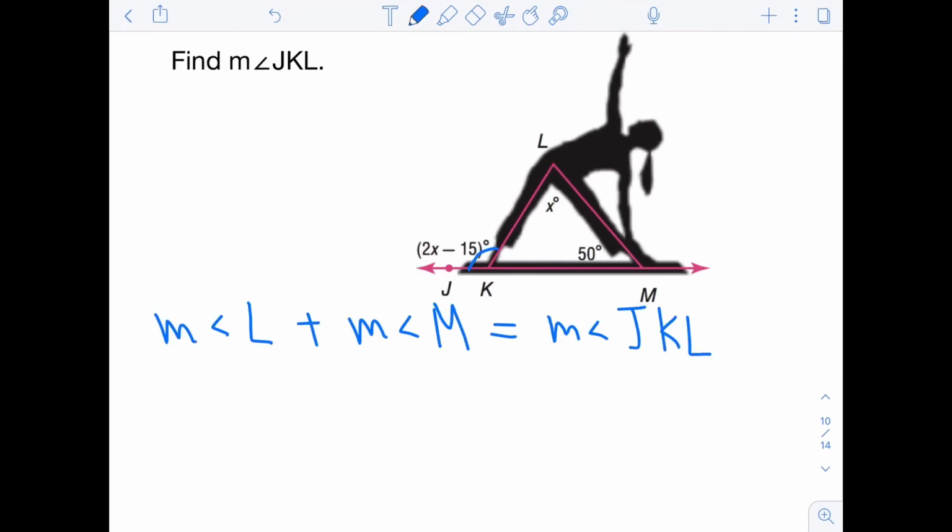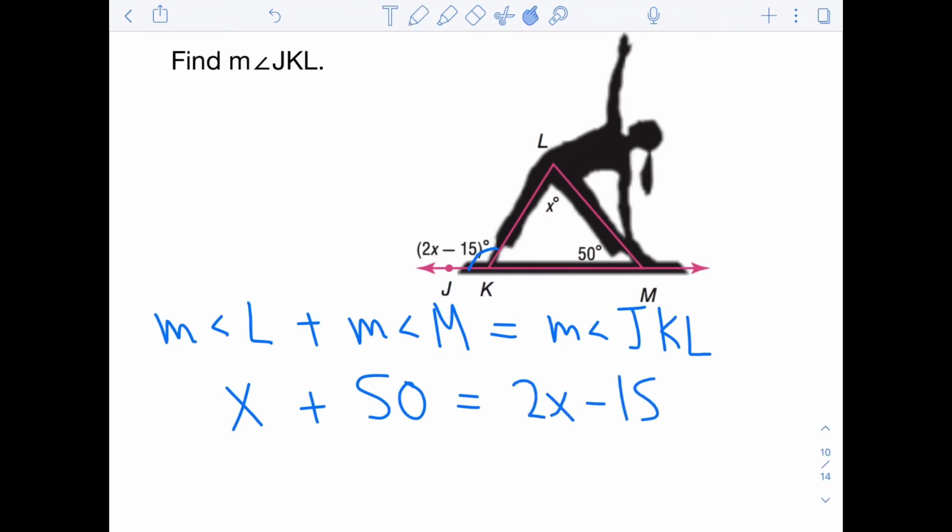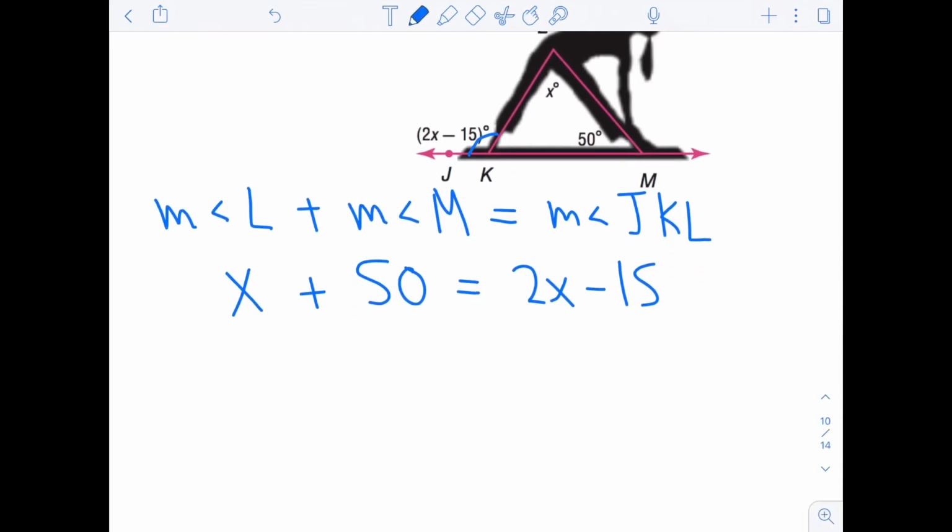So we know that the measure of angle L is x degrees, and the measure of angle M is just 50 degrees, and the measure of angle JKL is 2x minus 15. So now let's solve for x, and we could plug in our solution to 2x minus 15 to find the angle. So what I would do is subtract x from both sides.